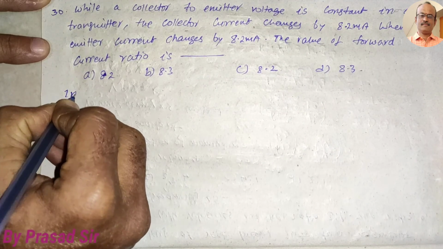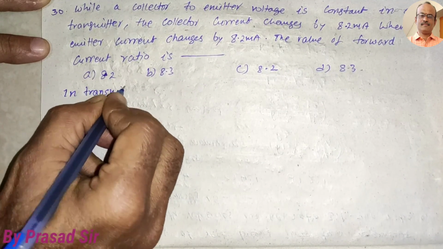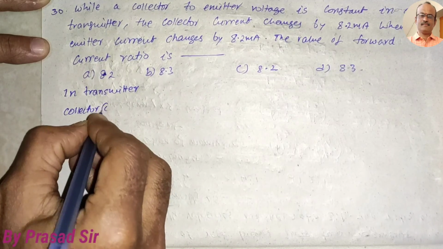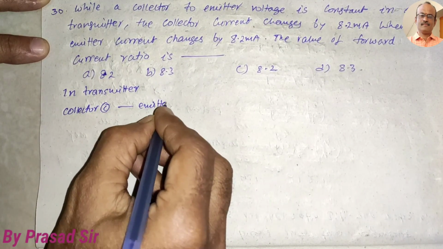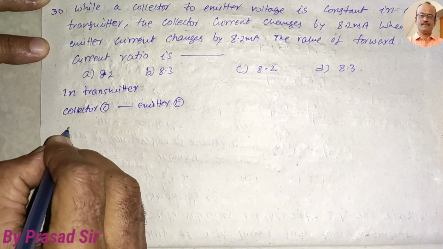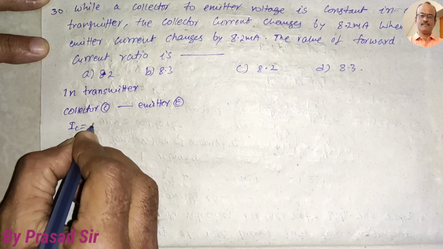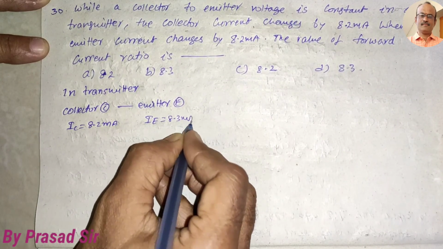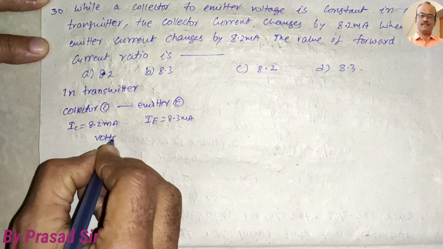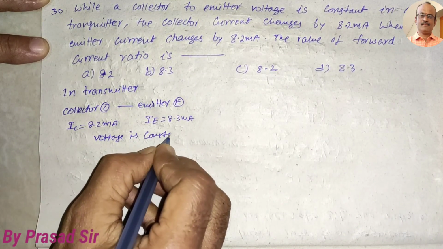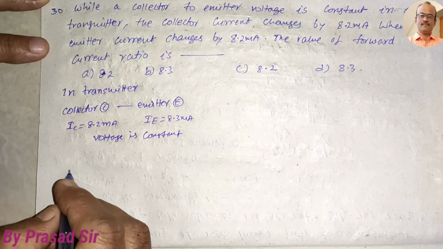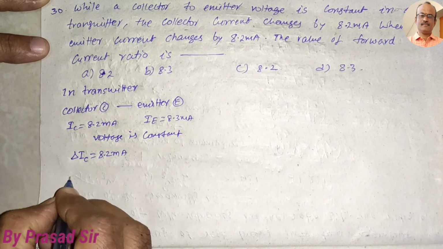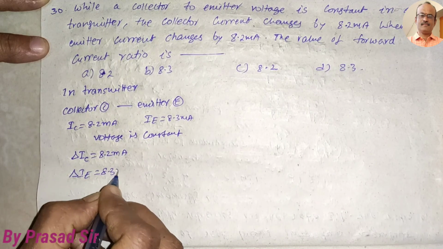So first of all, in the transistor, here we will take collector, that is C, and here this is emitter, I will take E. In this one, the change in IC is equal to 8.2 milliampere and change in IE is 8.3 milliamperes. In this case, voltage is constant.